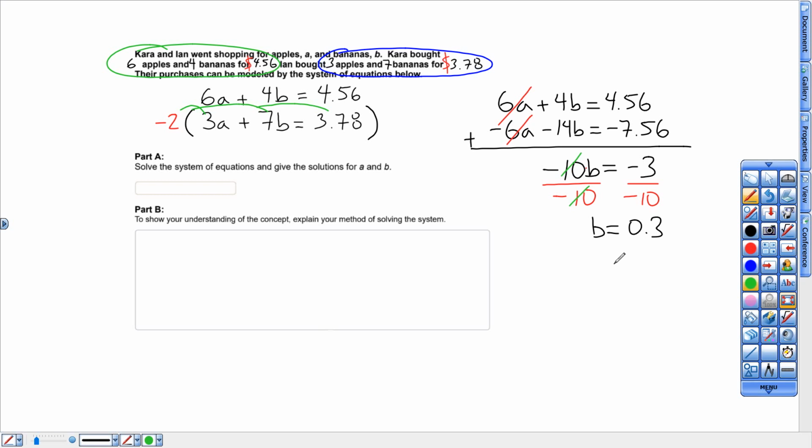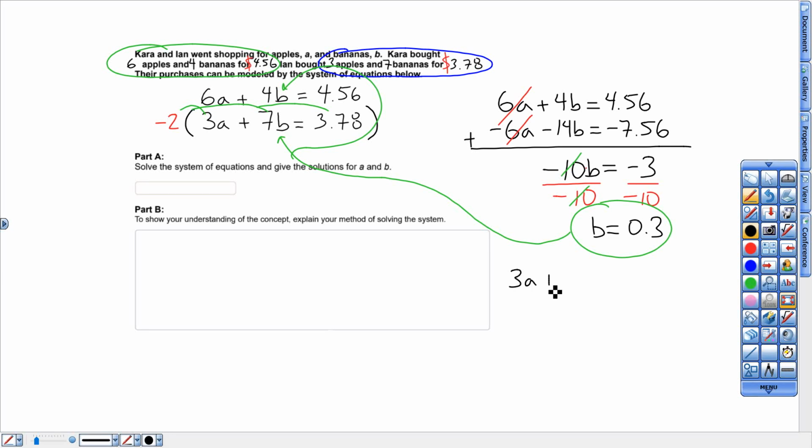Now, the tough part for this problem, I need to take this B number, plug it in to any of my equations for B, and do the math and solve for A. So I'm going to just take that bottom equation just because. So I'm going to solve for A. That means I'm leaving 3A alone.